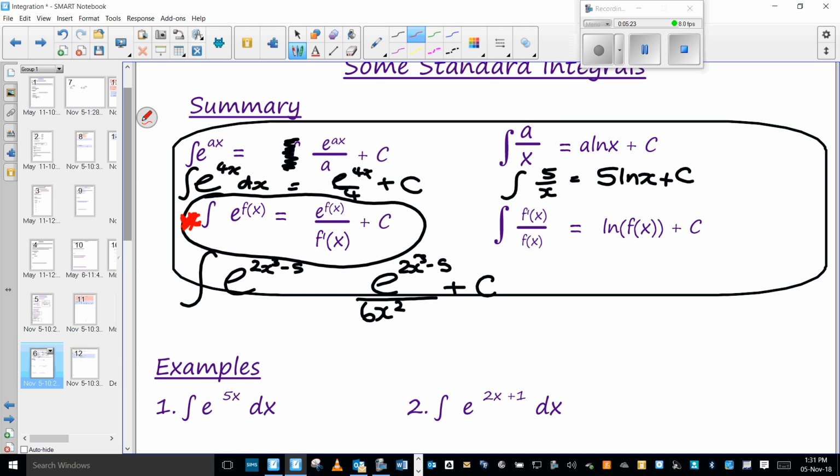Here, if you can spot that there's the derivative on top and the function is on the bottom, then it's going to be just ln f(x). If you recognize that that's what it is, then it's just going to be ln of that function.